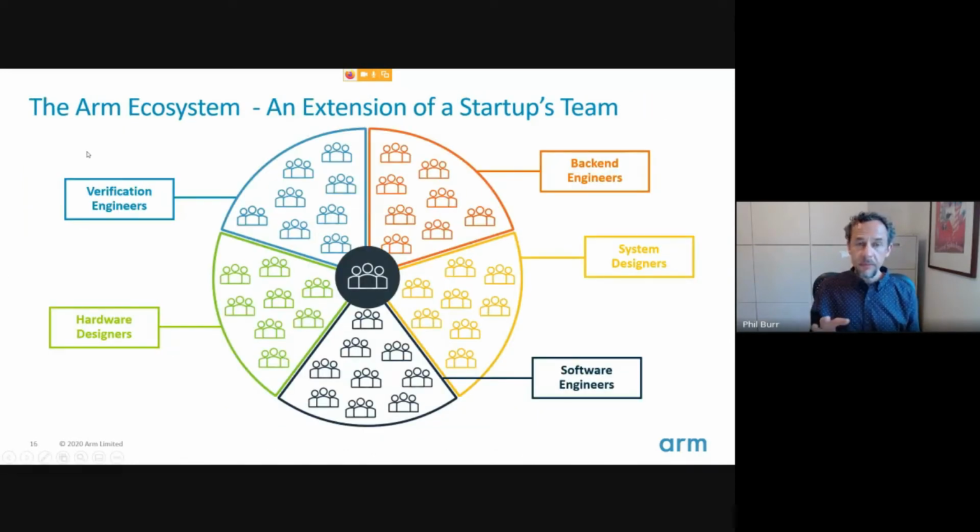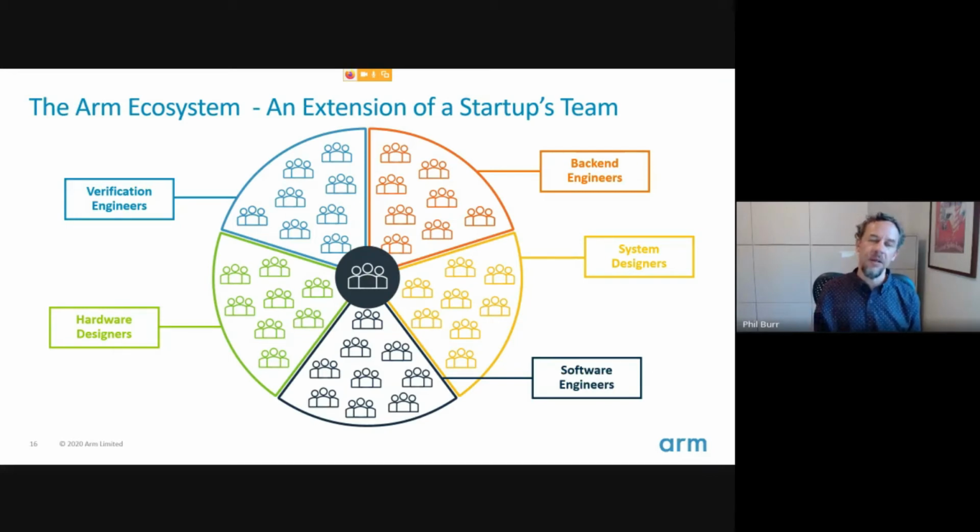So the other area of saving that's particularly relevant from ARM is the fact that a large silicon company will have hundreds, if not thousands, of software and hardware engineers within their teams. As a startup, you don't have access to all of those. And so what the ARM ecosystem has is hundreds, if not thousands, of engineers that are very familiar with ARM, that a startup can pull in to help with their design.